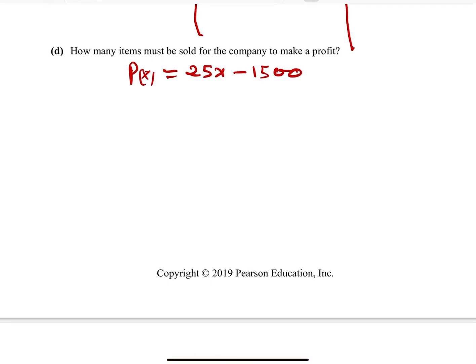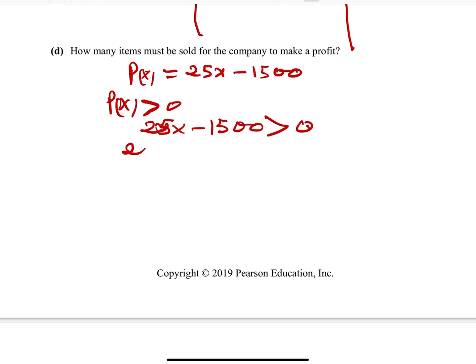Now P(x) greater than 0 is what makes the profit exist. It has to be greater than 0. That is what makes the profit positive. So then we can solve it now. We have 25x minus 1,500 is greater than 0.